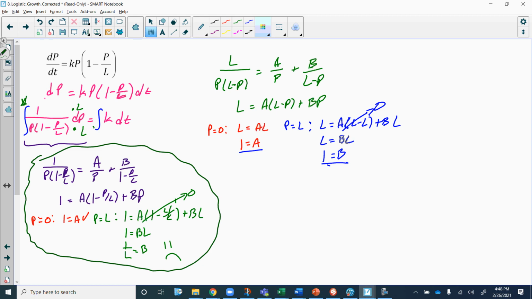So that's why we're going back to the original integration after we did our separation by parts and multiplied both the top and the bottom, in this case by L, to give us something that's going to work out a little bit nicer for us.